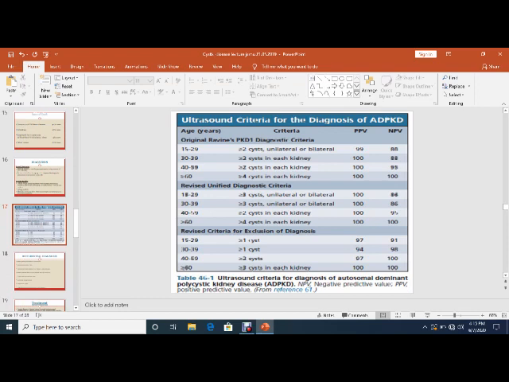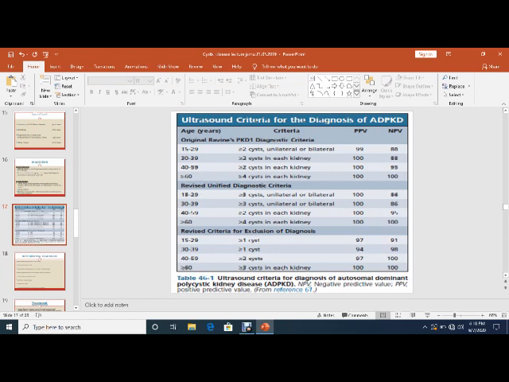This slide shows the ultrasound criteria for the diagnosis of autosomal dominant polycystic kidney disease. It depends upon the age and the criteria of the cyst. In PKD1, if you see age 15 to 29, it should be more than 2 cysts, unilateral or bilateral.